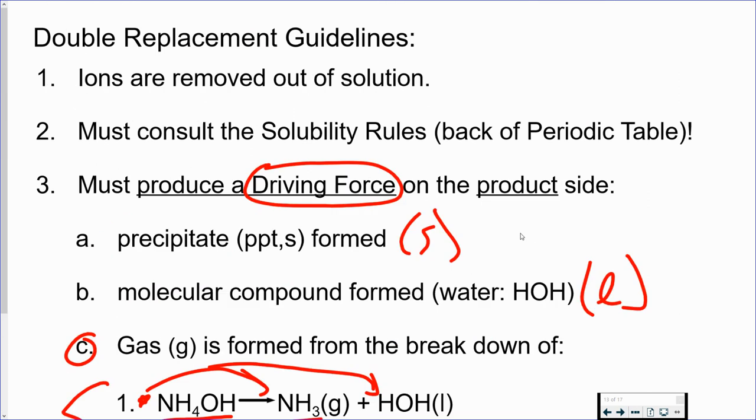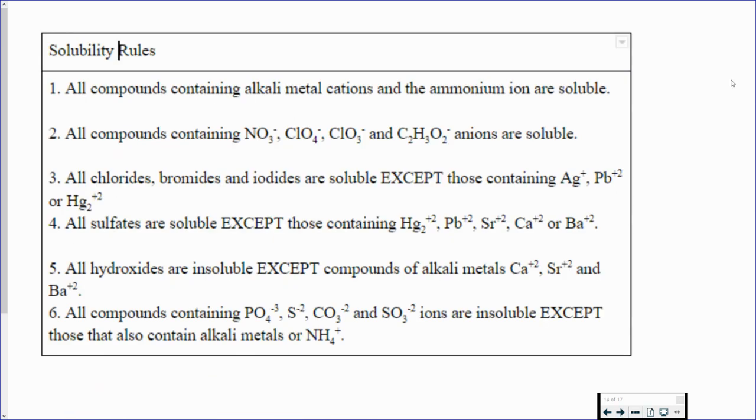So let's look at how do we determine if something is a precipitate. In order to determine a precipitate, we're going to use the solubility rules. These are found on the back of your periodic table, and we're going to read through them together just now. So the solubility rules.